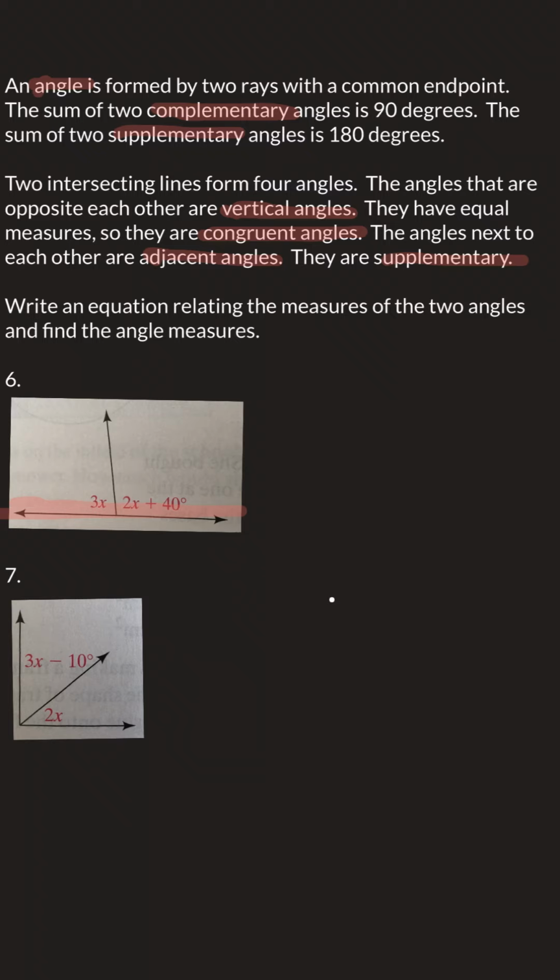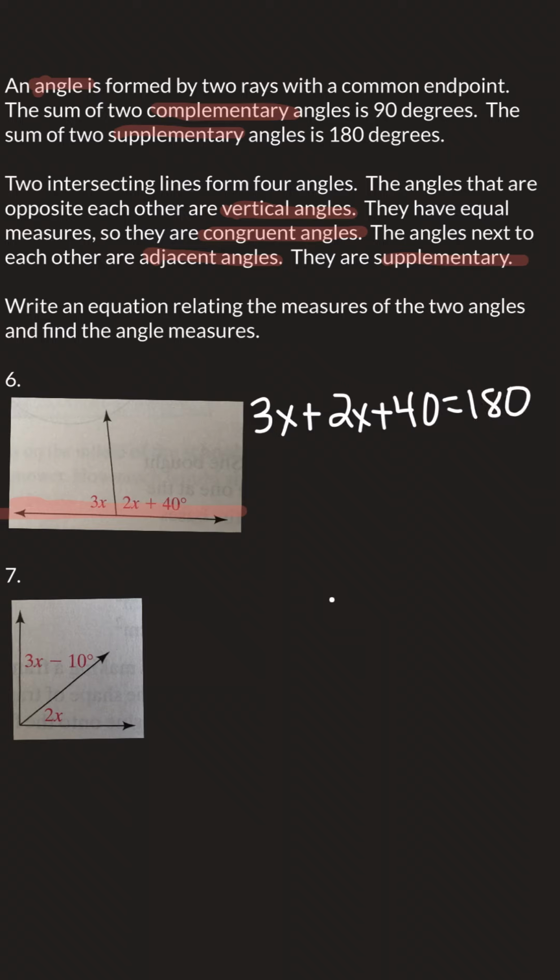Therefore, these two angles are supplementary. They add up to equal 180 degrees. So the equation is going to be 3x plus 2x plus 40 equals 180.